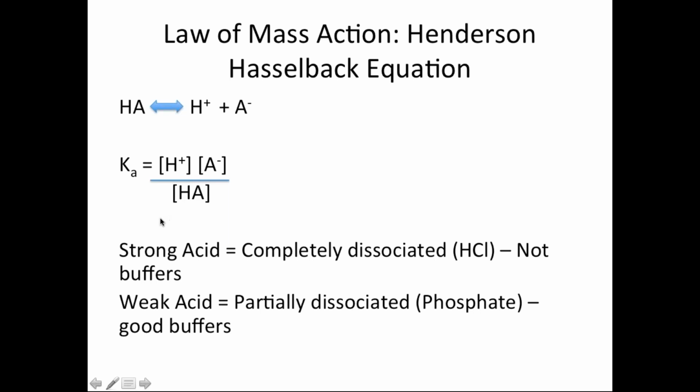If you have a strong acid like HCl, it will dissociate completely in water, and because it is completely dissociated, it will not take up any H plus or be a good buffer at all. In comparison, weak acids are partially dissociated. So if you add H plus into the solution, it will bind with the anion and make the acid. If the H plus concentration is low, then the acid will dissociate and release H plus into the solution. So weak, or partially dissociated, acids are actually good buffers.